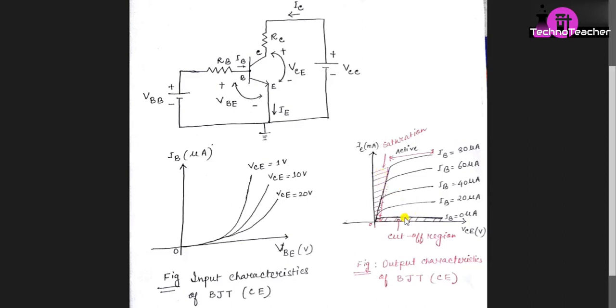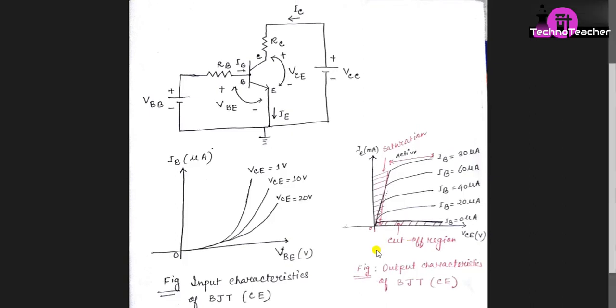Now whenever this IB value is equal to 0 microampere, we'll get a very small amount of IC current, and that region is known as cutoff region. In cutoff region, both base emitter junction and collector base junction will be in the reverse bias.